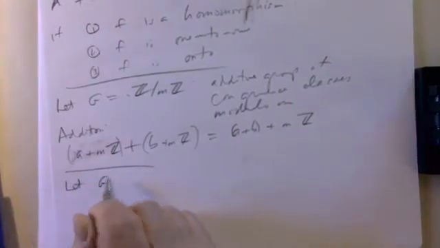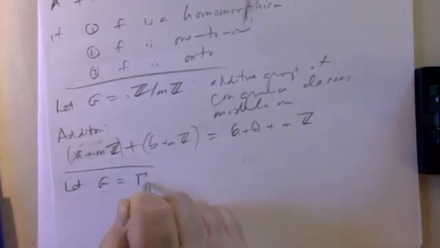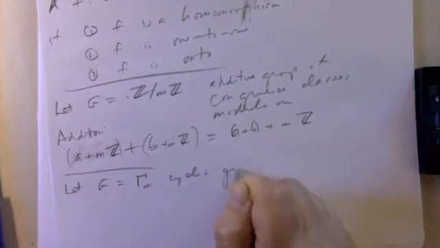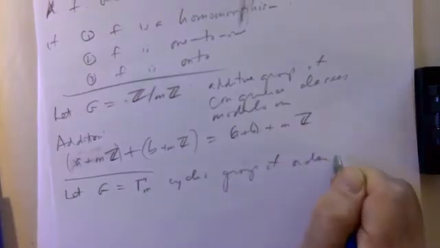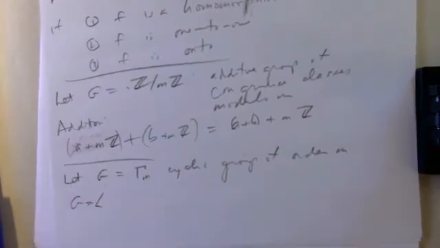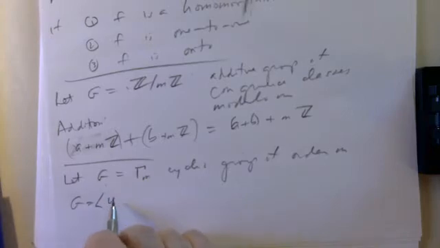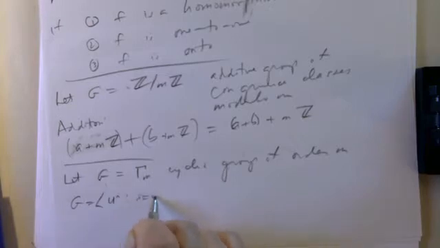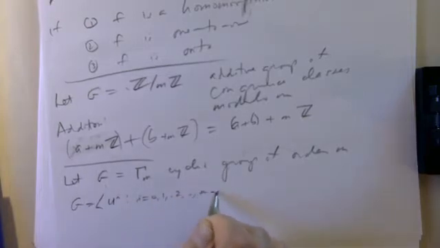Suppose we let G be gamma m. This is the cyclic group of order m. So G consists of all powers of a fixed element. Let me call the element x. This is all powers x to the i, where i goes from 0, 1, 2 up to m minus 1.